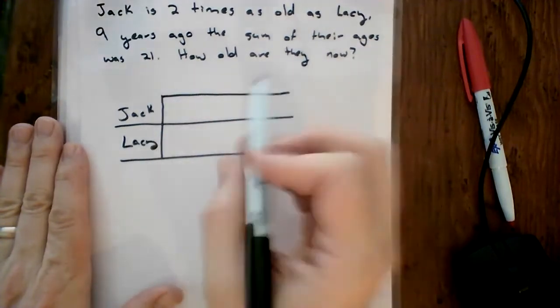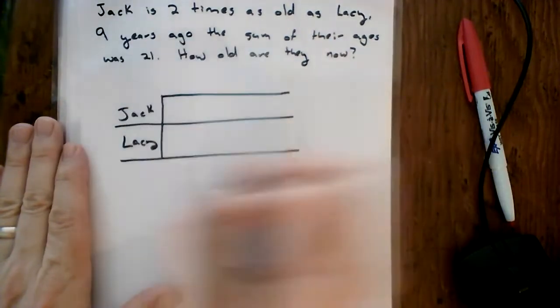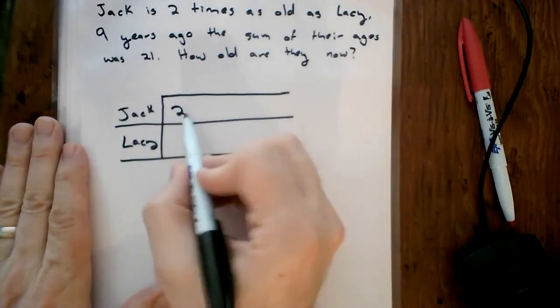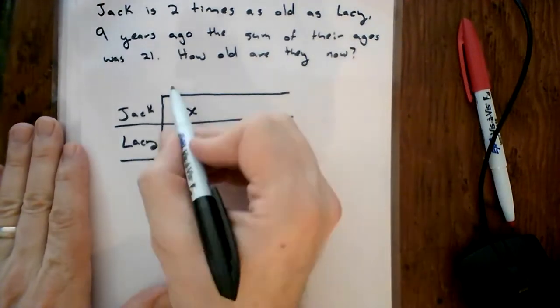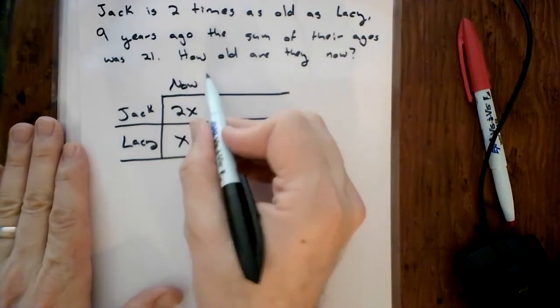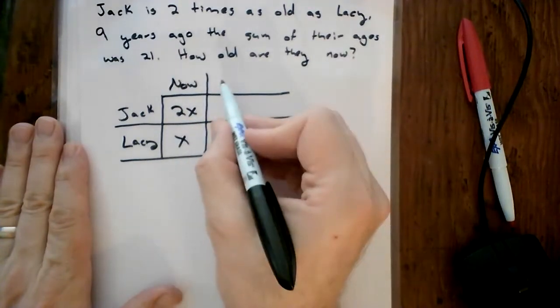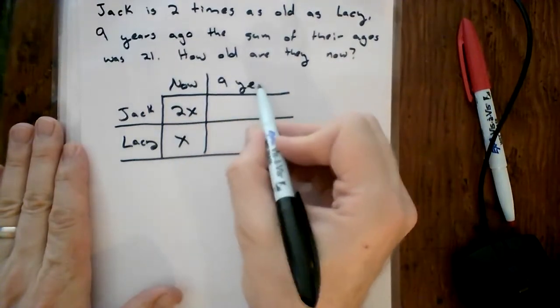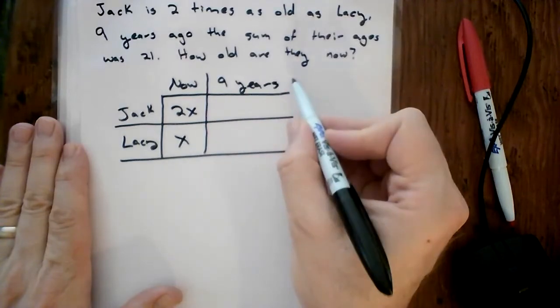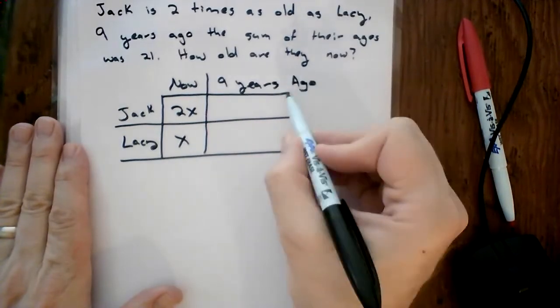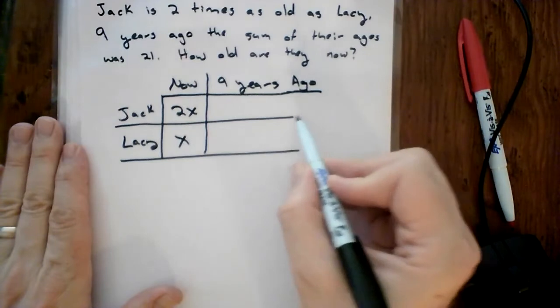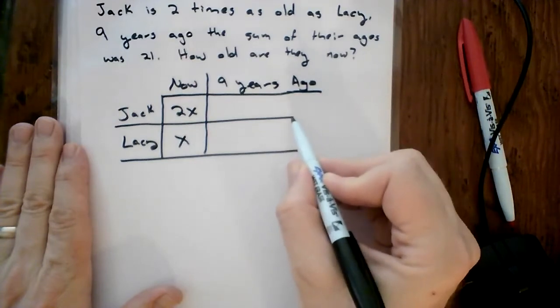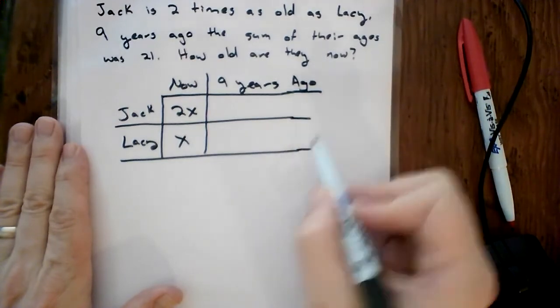And I know some things about now. So now he is twice as old as Lacey is right now. So this is our now. And I've got 9 years ago. And I could just as easily have 9 years from now, or I could have other things.